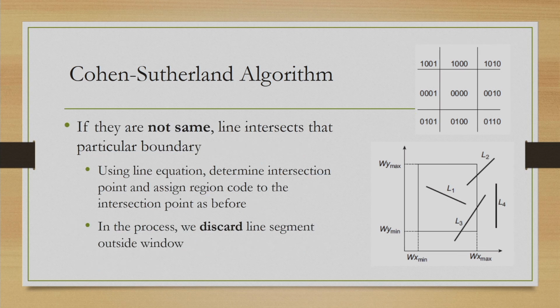If the region codes are not the same, then the line intersects that particular boundary, then we form the line equation from the endpoints and determine the intersection point by solving the equations, and then we assign a region code to the intersection point as we have done earlier. And we do it for all boundaries, and in this process we discard the line segment that lies outside the window.